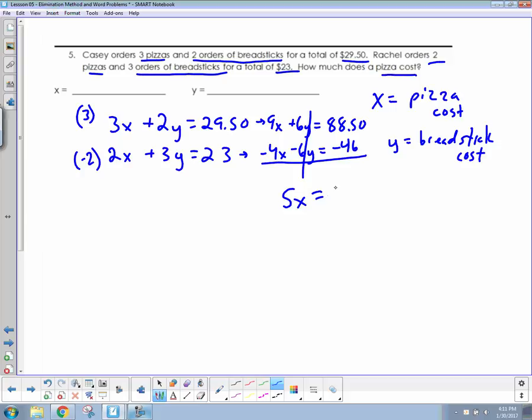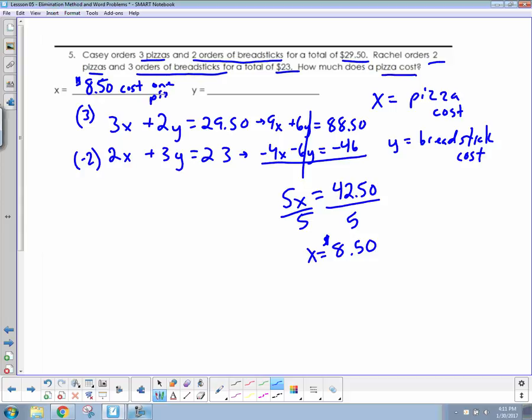Whew. All right, divide by 5 and we get 8.50. So $8.50 is the cost of one pizza.